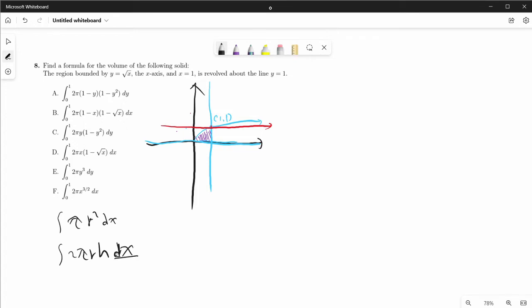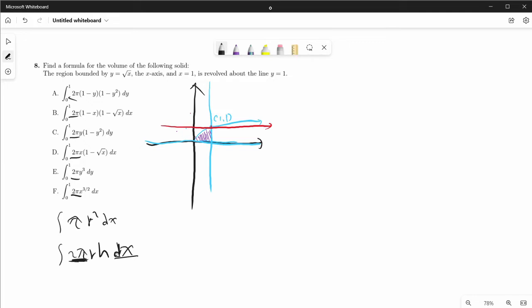But looking at all the answer choices, they're not completely written out and solved. I would say that all of these are actually cylindrical shells, since all of them have the 2 pi in front.